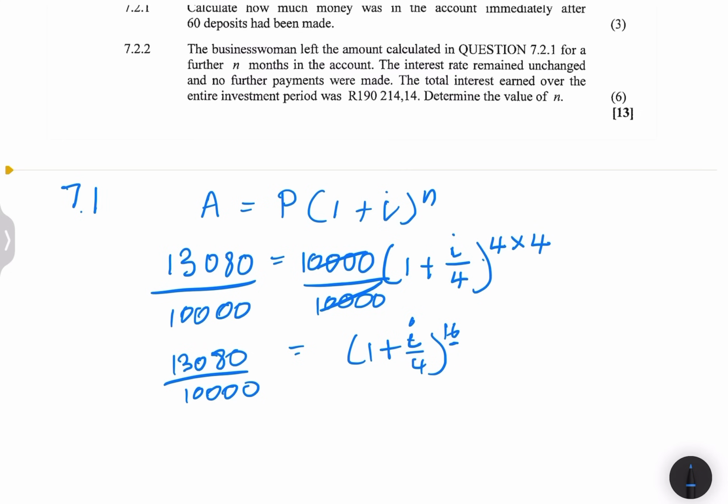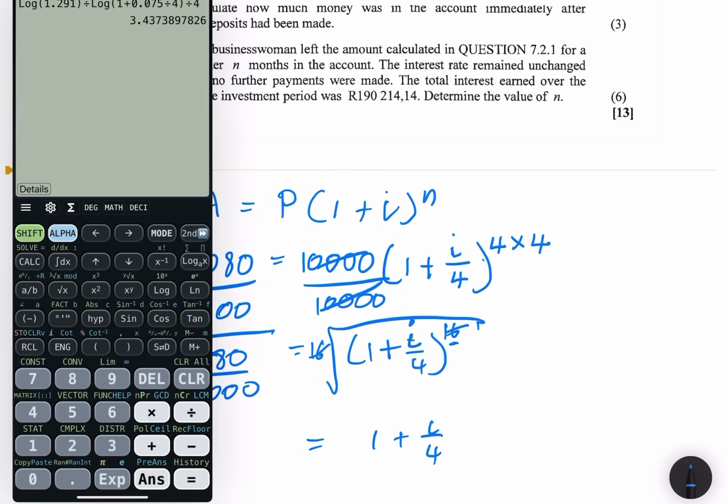So how do we remove this exponent here? We're going to take the 16th root of that, so that we remove this. So on the other side, we've got 1 plus i over 4, and of course we're going to subtract 1. So I'm going to do that in the calculator.